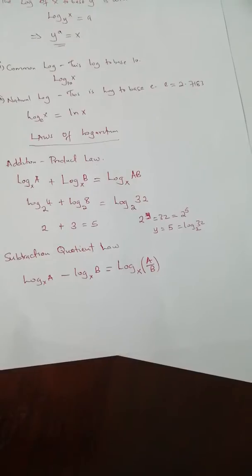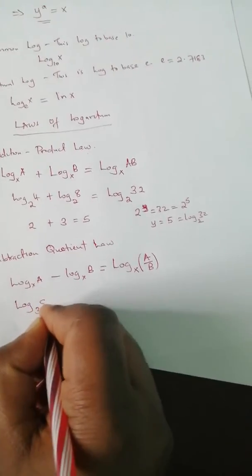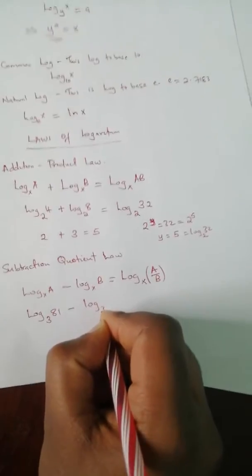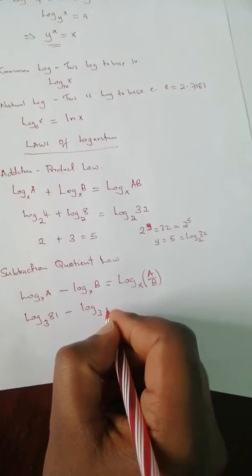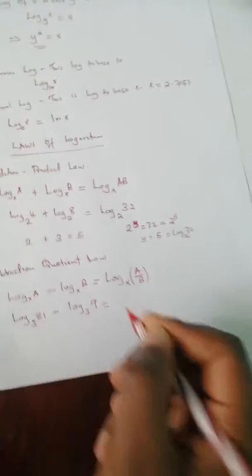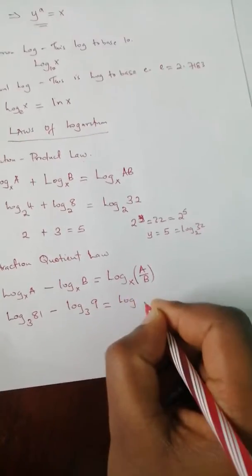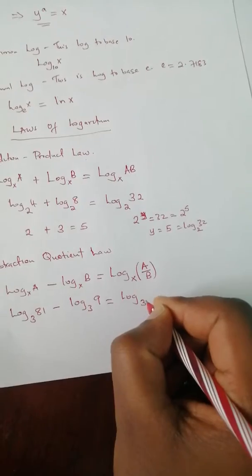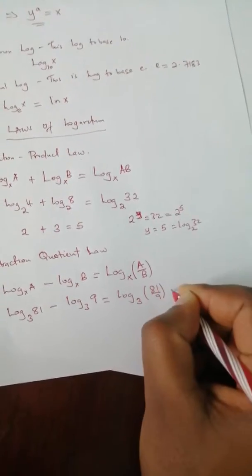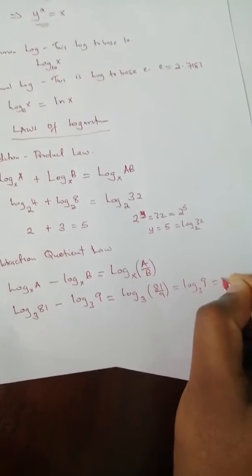So we can prove it. Let's say log to base 3 of 81 minus log to base 3 of 9. This is the same as log to base 3, then you have 81 over 9, which is log to base 3 of 9, which is equal to 2.